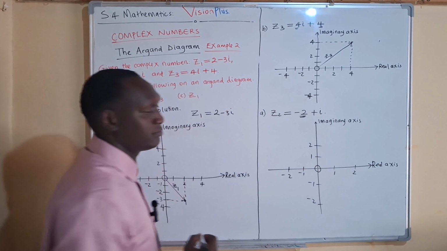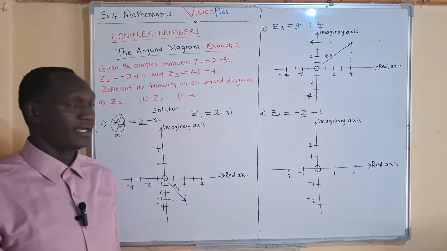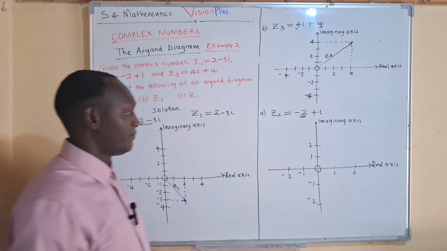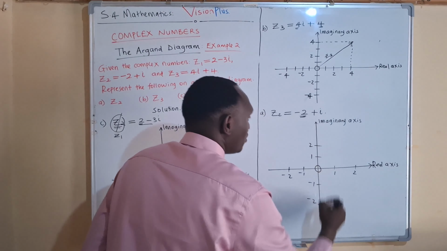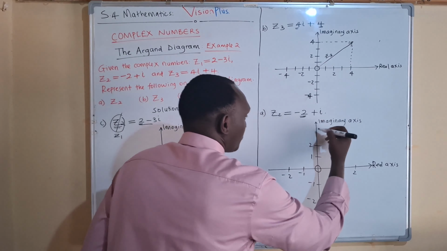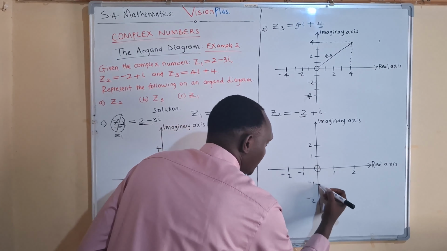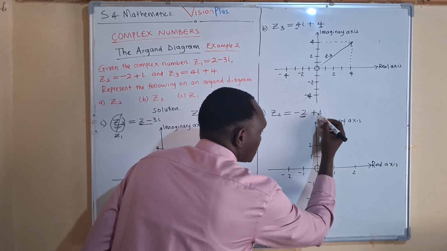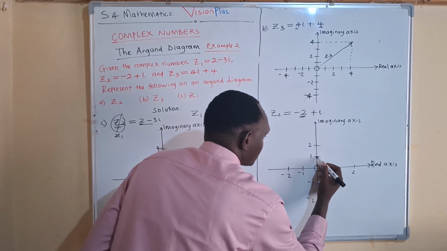So we assume there is positive 1 there. That is the original one. So that means here we shall look for positive 1 on the imaginary axis. Positive parts is up here. So this is positive 1, not negative 1. It is plus I, which means it is plus 1I. So this is the positive 1.